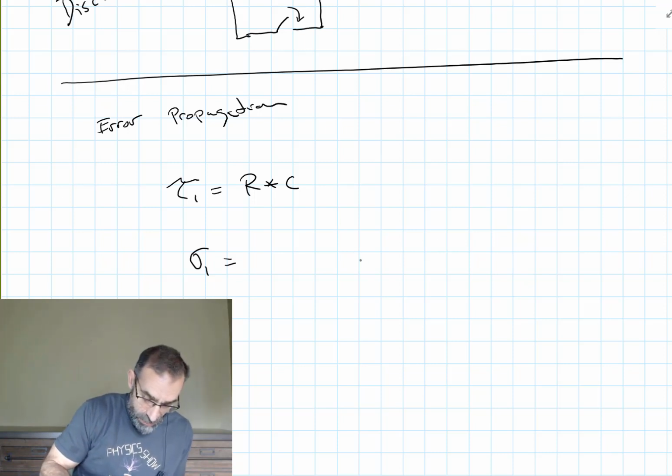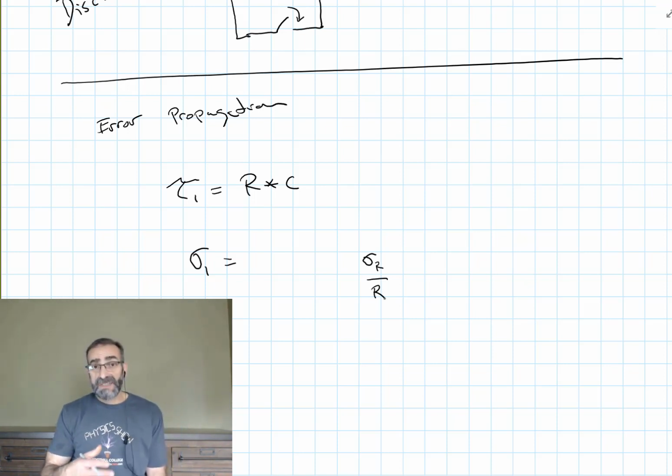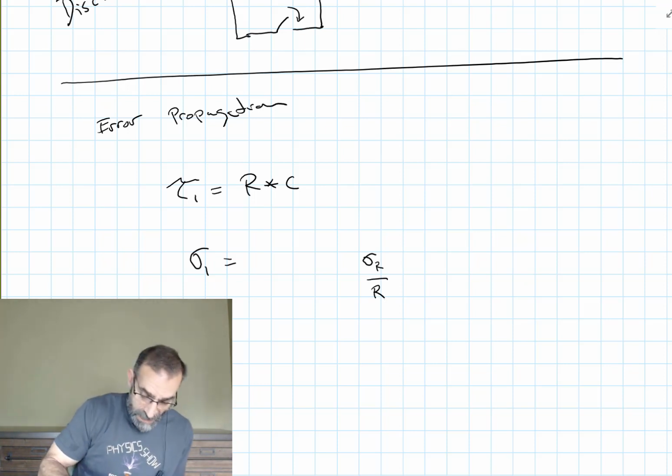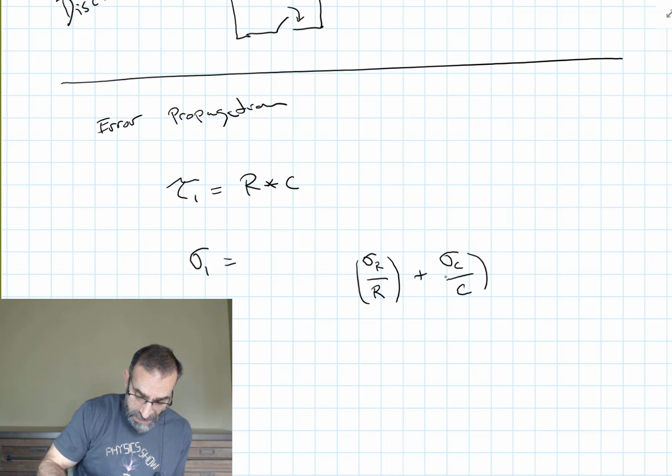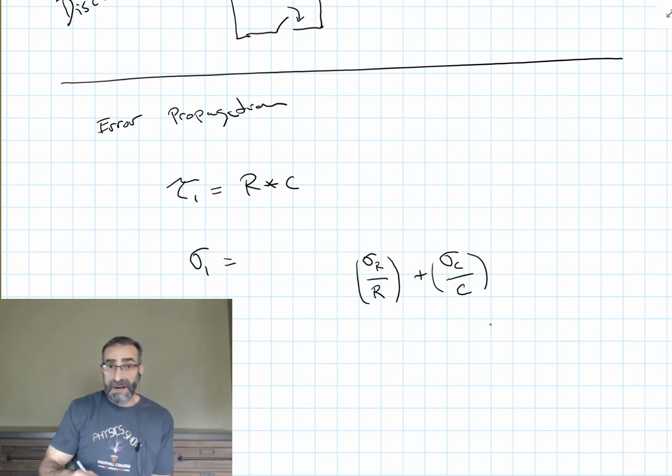We take the error in R divided by R, and that has now changed it into a percentage error, right? Unitless quantity. And we do the same thing with the capacitance, the error in the capacitance over the capacitance. So that's a percentage error.